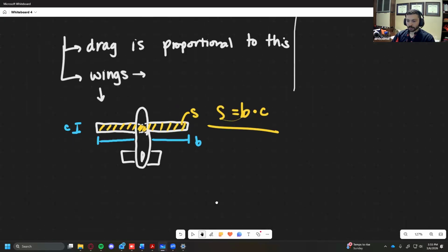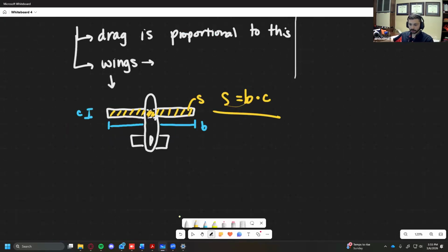So what this means is increasing these parameters will increase your drag, right? So you might be thinking to yourself, well, why don't we just make a tiny wing? Well, if you make a small wing, who's producing your lift? That's where it's a bit of a trade-off. The wing is producing your lift, so you can't just get rid of it. You have to create enough lift to survive.